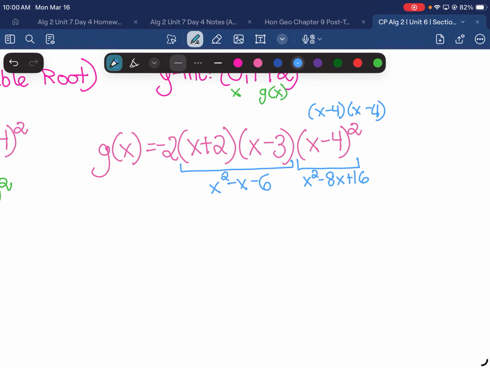Now, you could multiply the -2 by that first trinomial, but remember I said it's probably easiest if you wait and do it at the end. So, draw yourself a 3 by 3 rectangle.